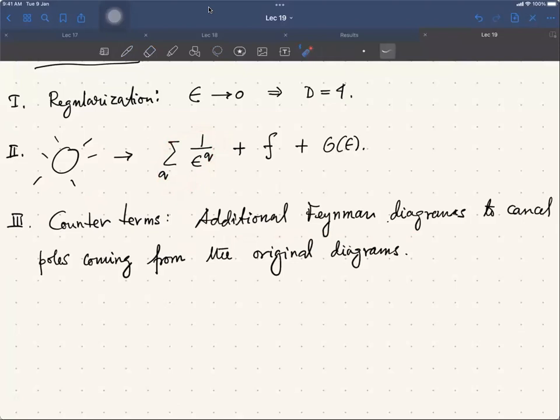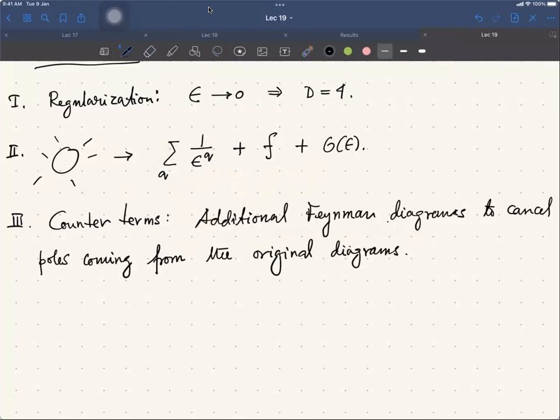So these additional Feynman diagrams can have a finite ambiguity in them. When we add these diagrams to the original diagram, the pole terms cancel, and what remains is this small f, which comes from the original Feynman diagram, and another finite piece coming from the additional Feynman diagrams. That will be the entire finite piece, and of course there is an ambiguity in that.